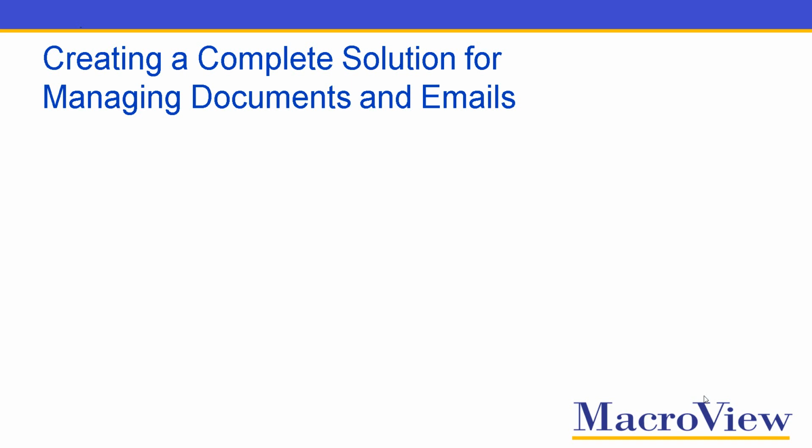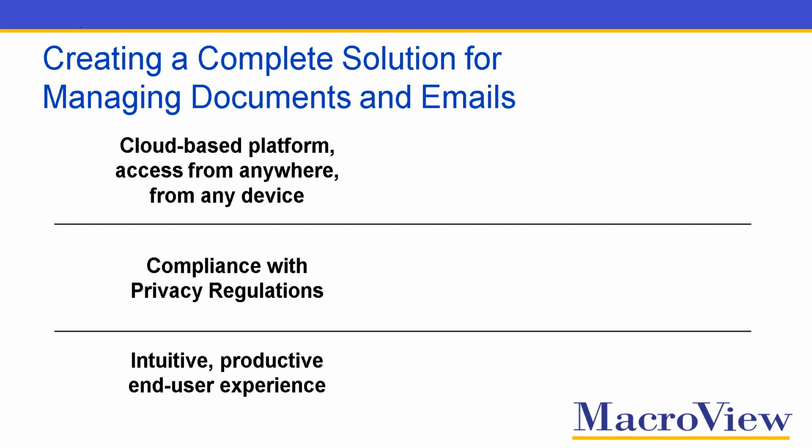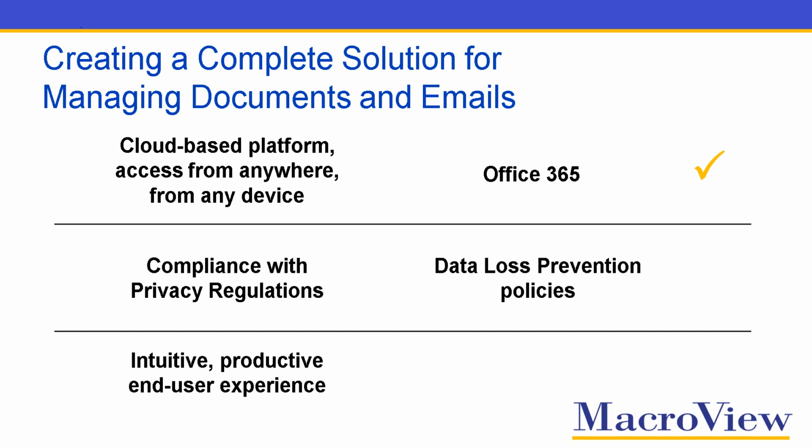Let's look at how an organization can create a complete solution for managing its documents and emails. Such a solution would need to satisfy all these requirements. Office 365 is a cloud-based platform which enables secure access from anywhere on any device. As we've seen, the data loss prevention policies of Office 365 enable compliance with privacy regulations.